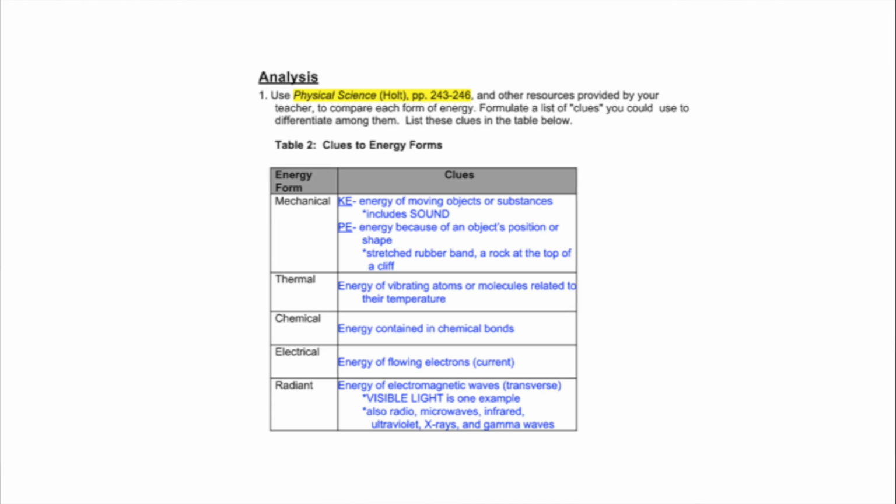The analysis table on sheet 4 has been filled in with the definitions of these 5 forms of energy. Now go back to sheet 3 and fill in the specific form of energy into the initial and final energy columns from the 5 detailed forms that are defined for you on sheet 4.